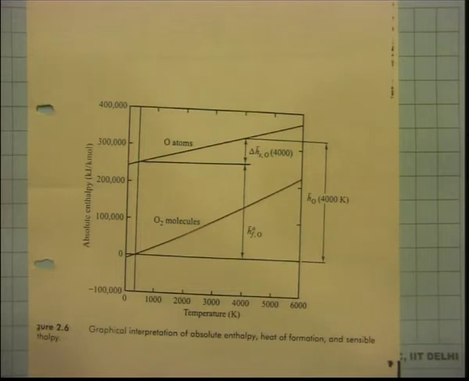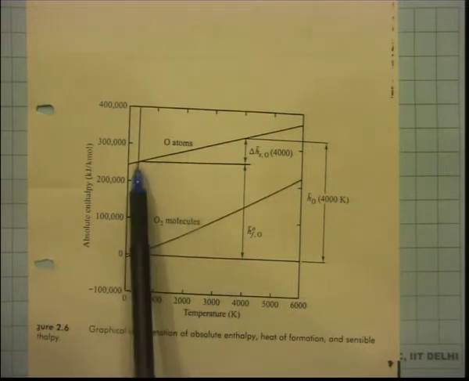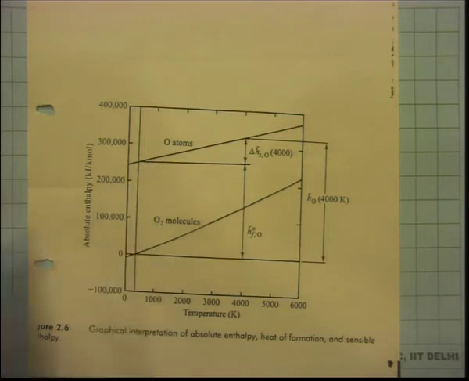So, if you want to form oxygen atom, you have to break that bond, and that bond dissociation energy is 498,390. So, oxygen atom must have an enthalpy of formation which is half of that. Why is it half? Because you break one O2 molecule, you get 2 atoms. That is why you see this value of roughly 250,000 here.